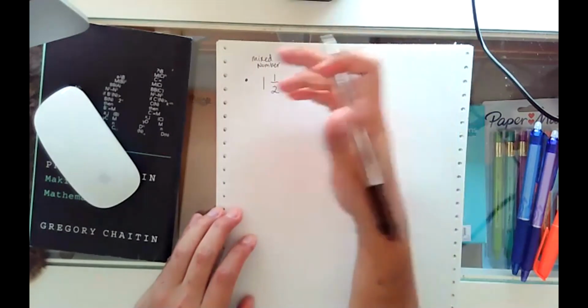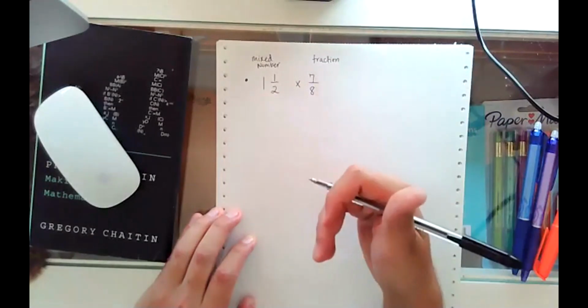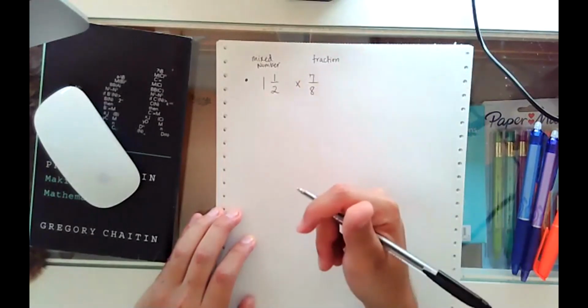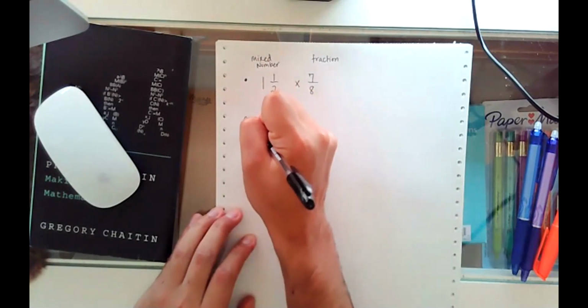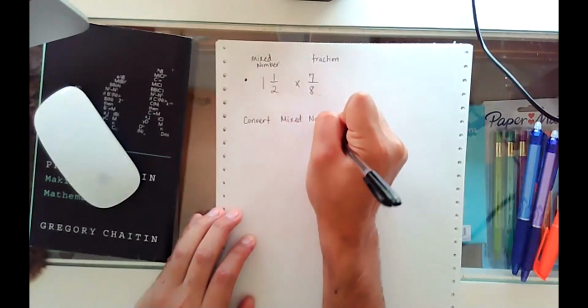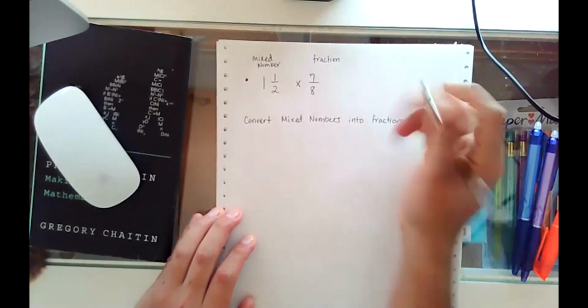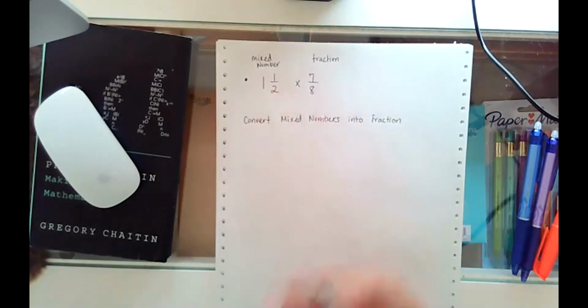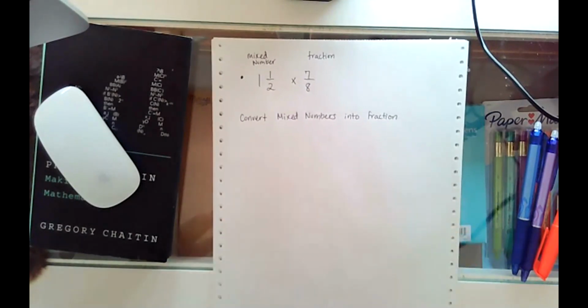So I really can't do anything with this until I have this mixed number converted into a fraction, either a proper or an improper fraction. So I want to show you how to convert mixed numbers into fractions. And we already took improper fractions and converted them into mixed numbers using division. So if we're going the opposite direction from a mixed number to a fraction, you might think it feels natural that we would have to multiply something, right?